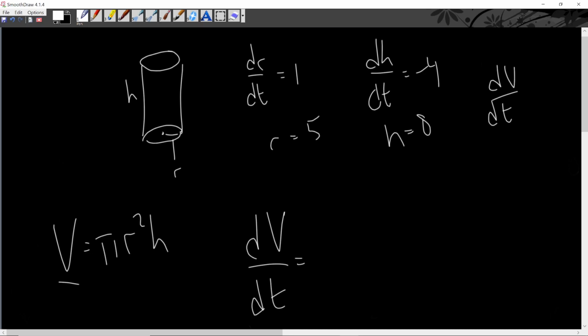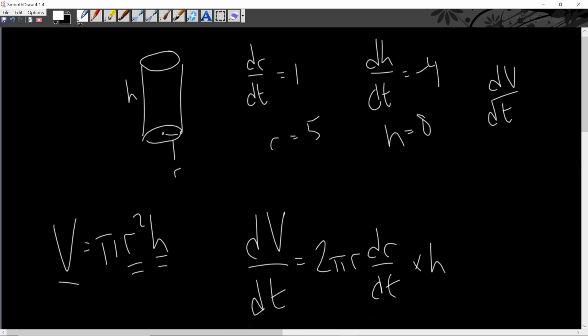So we have 2 times r to the 1, or 2r, so we'll say 2 pi r dr/dt, and then this will be multiplied by h, right? We have to do product rule. We have to do the derivative of this plus that times the derivative of that.